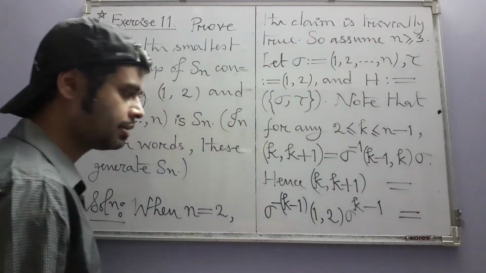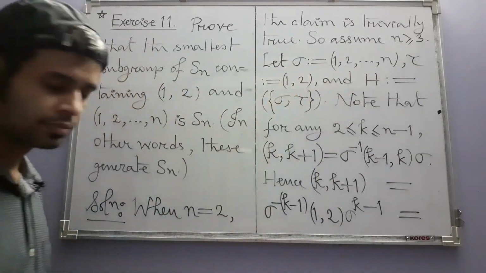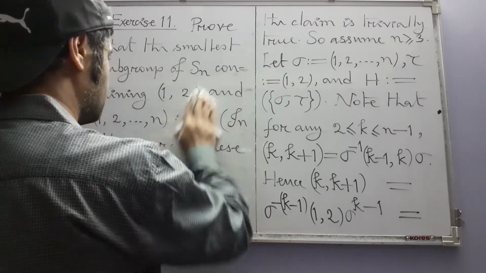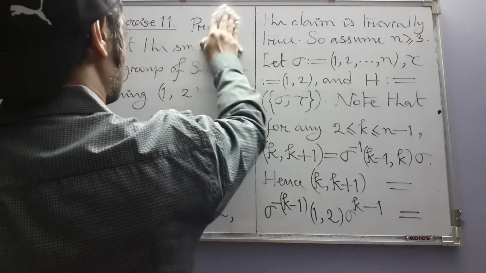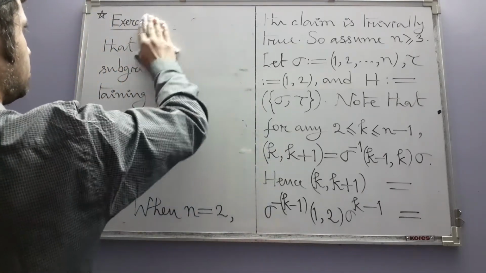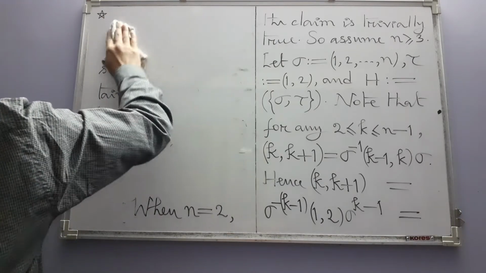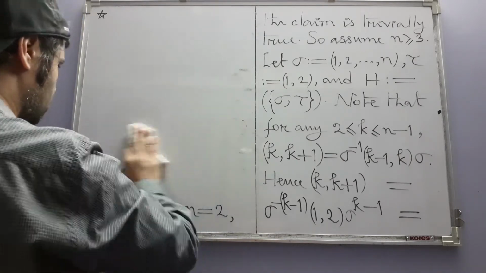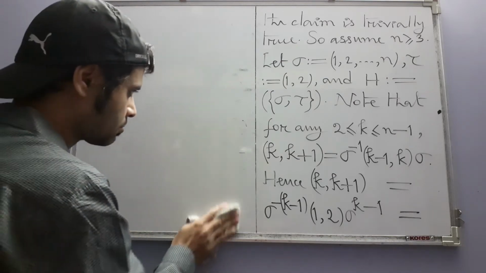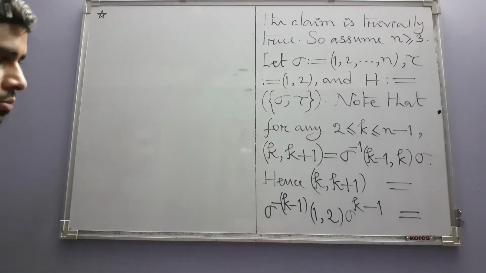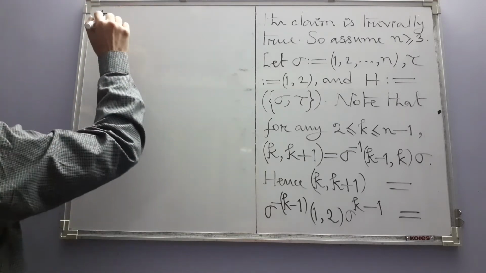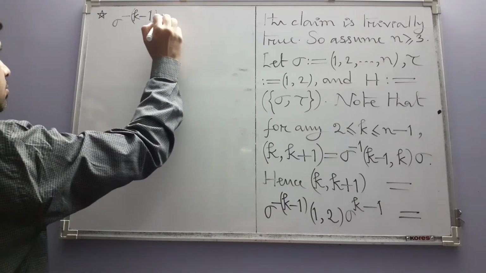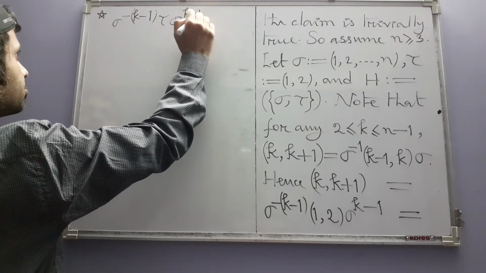Now this, of course, is our tau. So this thing becomes sigma to the power minus of k minus 1 times tau times sigma to the power k minus 1.